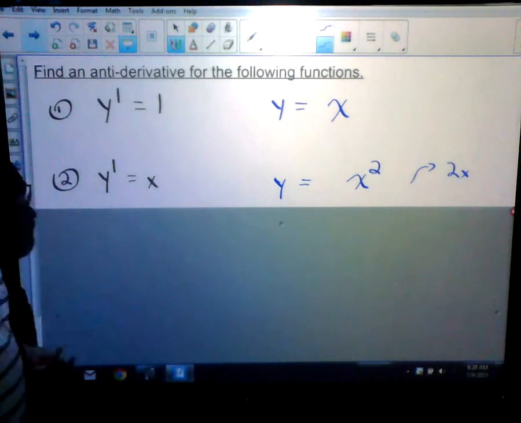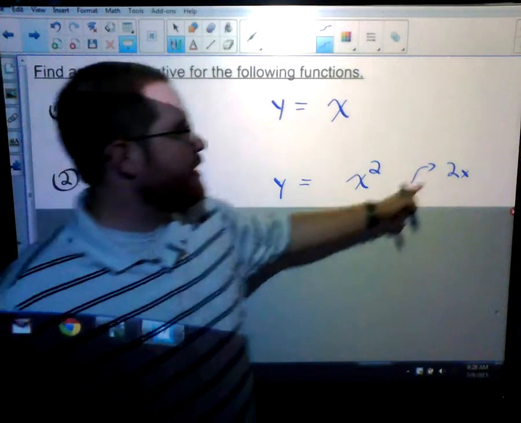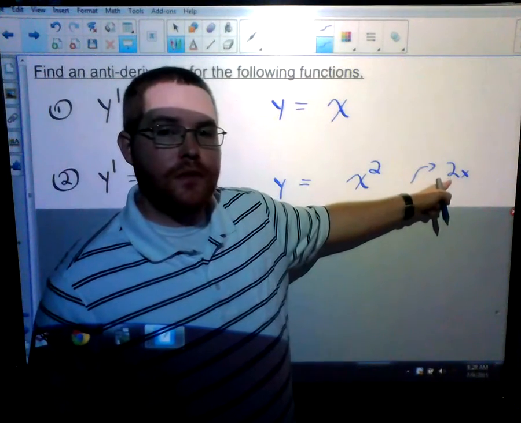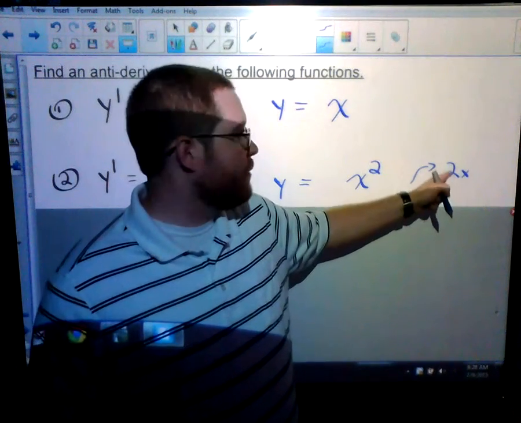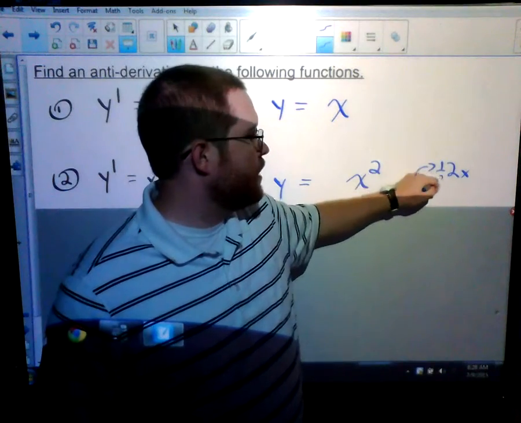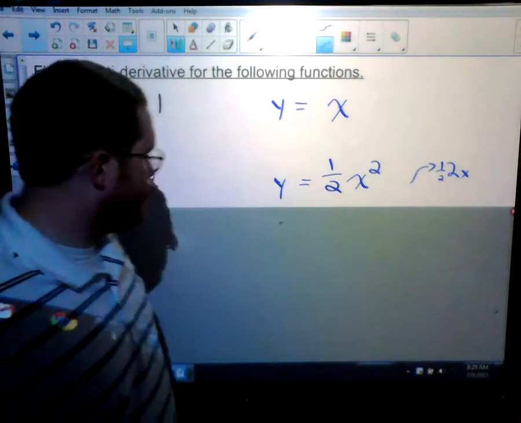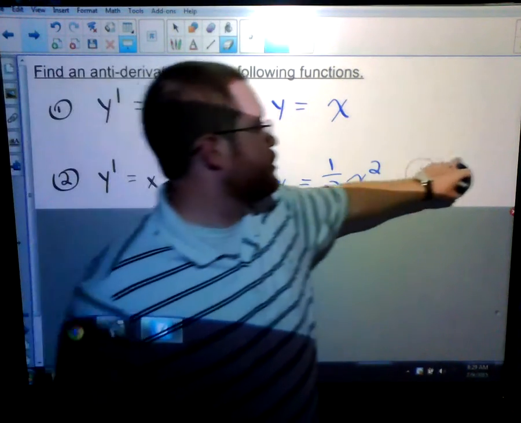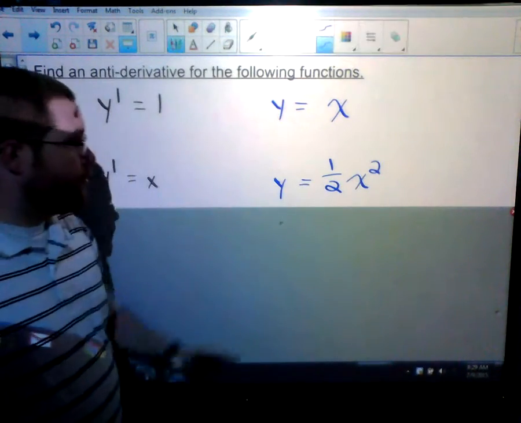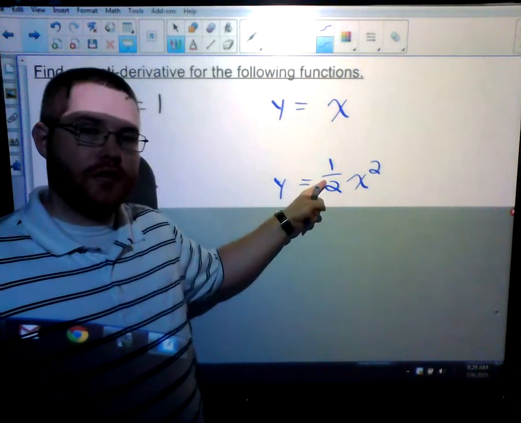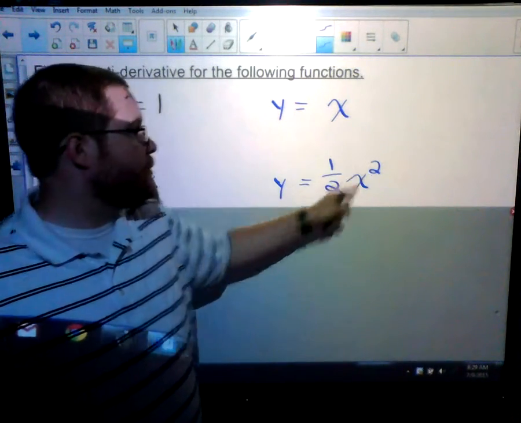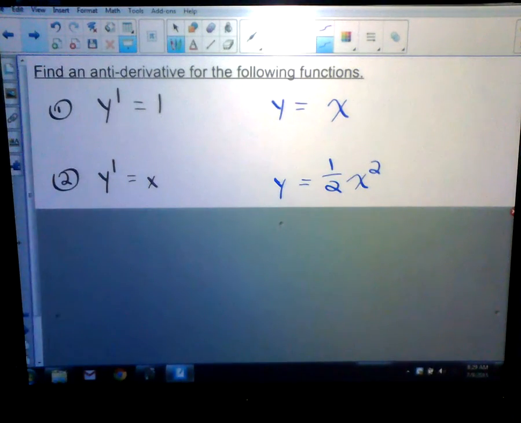And that's not what I want, just plain x. So I need to find some way to cancel out the 2. Well, what could I put in front that would cancel out and multiply by 2? How about multiplying by 1/2? Now if you do the derivative of this function, the 2 and the 1/2 would cancel, and it'd just be 1, and the squared would go down to a first power. And that's what I need.